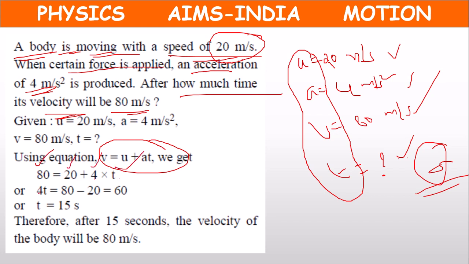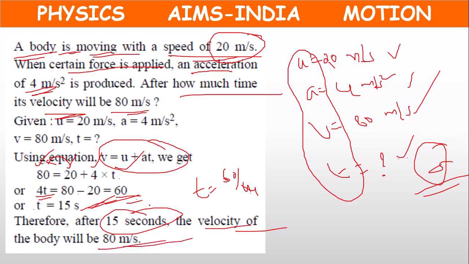So 4t we can write on one side, 20 we can take that side. 80 minus 20 is equal to 60, or t equal to 60 by 4, which is equal to 15 seconds. So therefore, after 15 seconds, the velocity will become 80 meter per second from 20 meter per second.